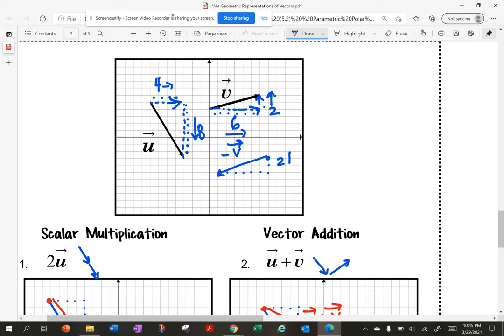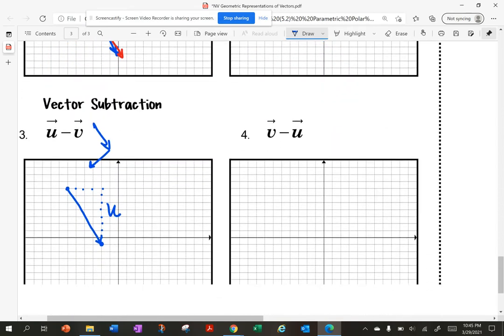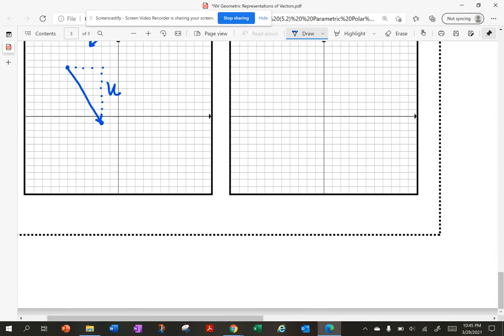So 2 down and 6 left. So tip to tail, this is negative v.